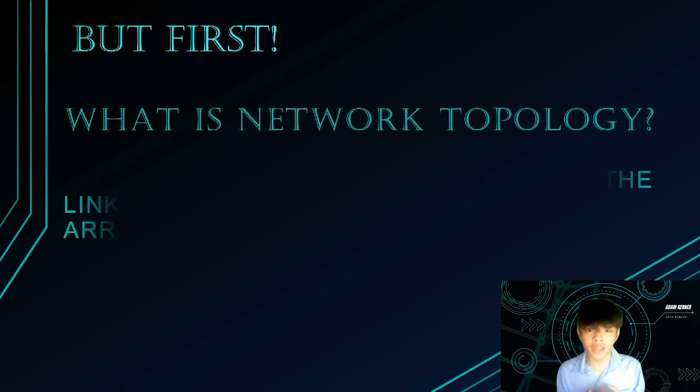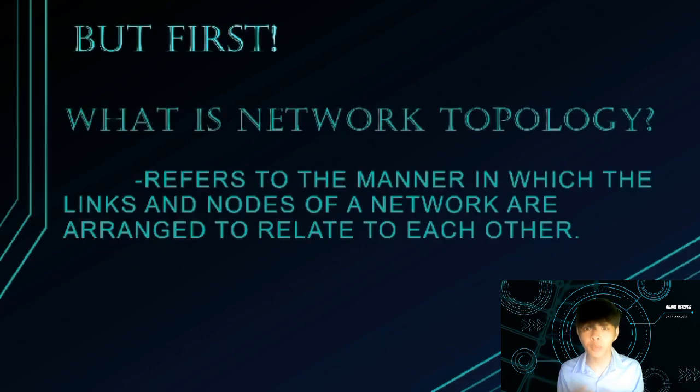Network topology refers to the manner in which the links and nodes of a network are arranged to relate to each other. If you have enough knowledge about network topology, it will make your connection easier, because topology is your guide on how to lessen the traffic and to have a successful network.